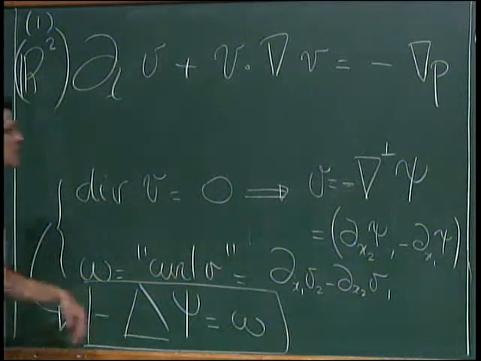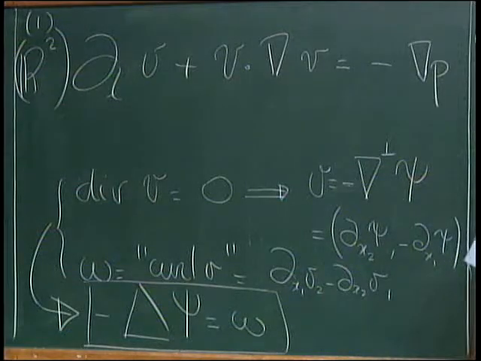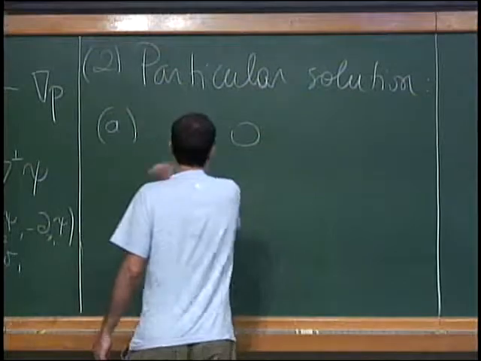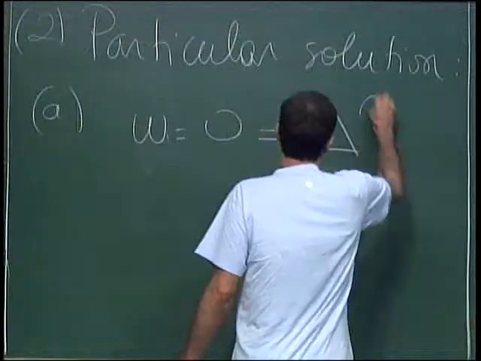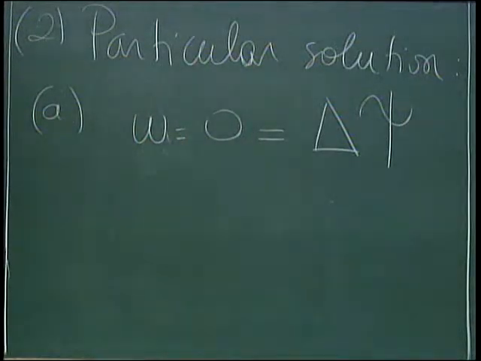Anyway, but the simplest sort of solution that we can get is where we take omega equals to 0. So no vorticity at all. So this implies that we are looking for stream functions that are harmonic.